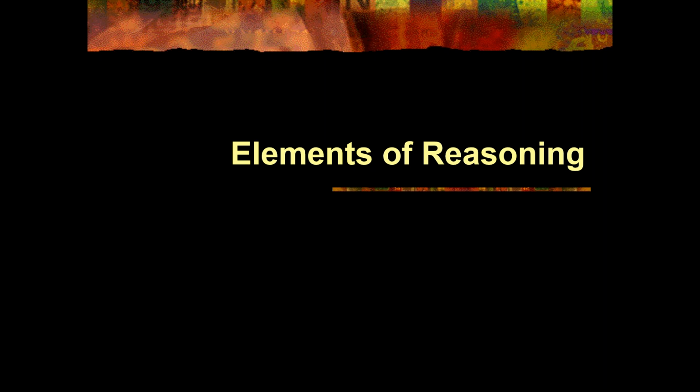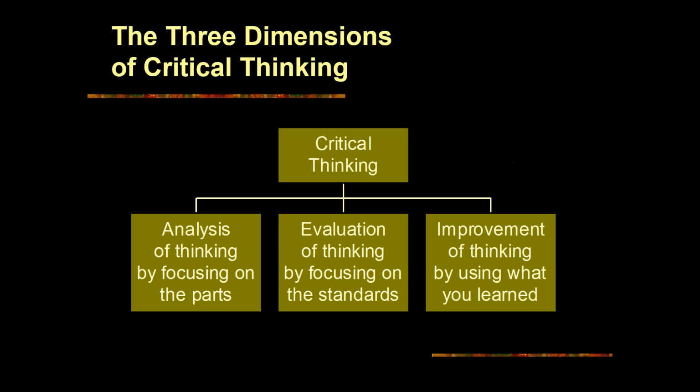We'll be focusing on the analysis of thought, but we want to connect the analysis of thought from the beginning with the evaluation of thought, so that we will deal with the analysis and evaluation simultaneously to some degree. We can think of critical thinking in terms of these three dimensions, and remember, there are many ways to articulate a reasonable conception of critical thinking, but this is a helpful way.